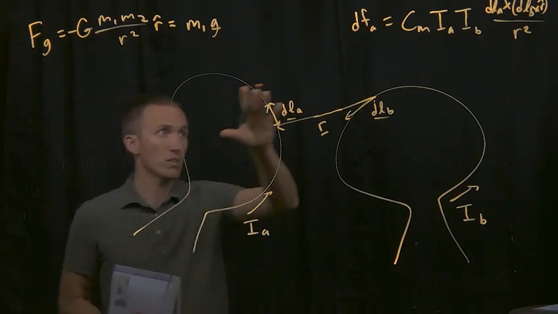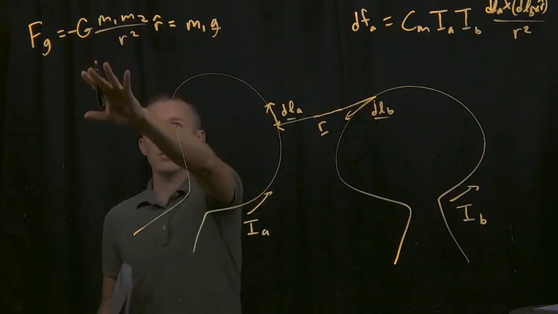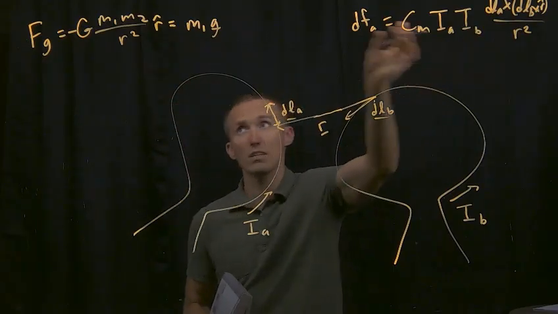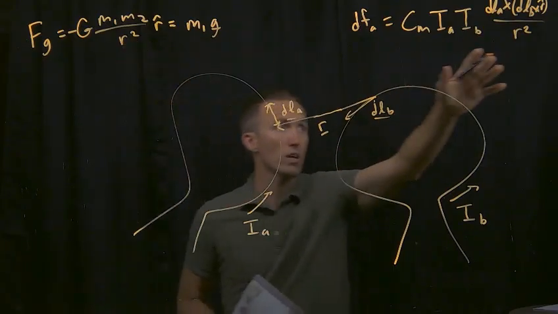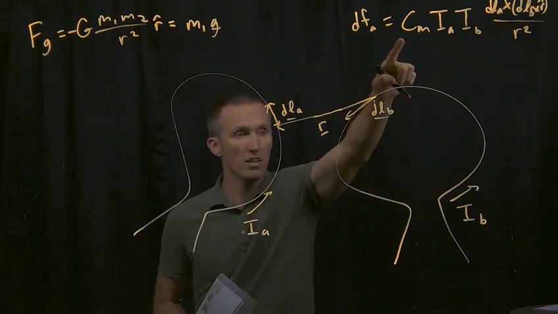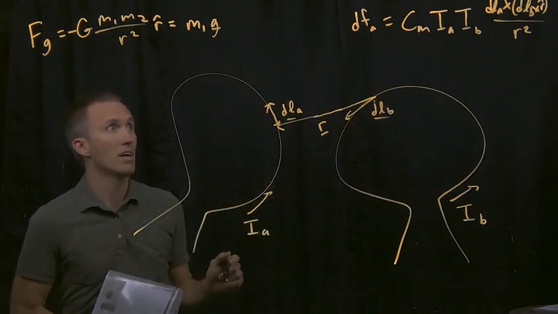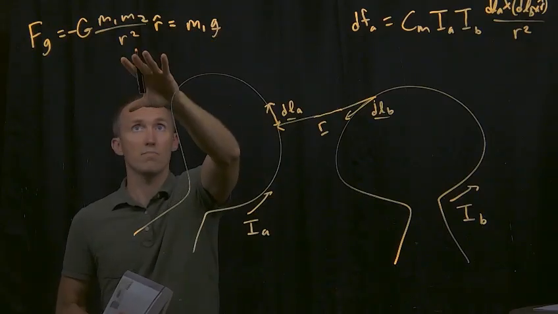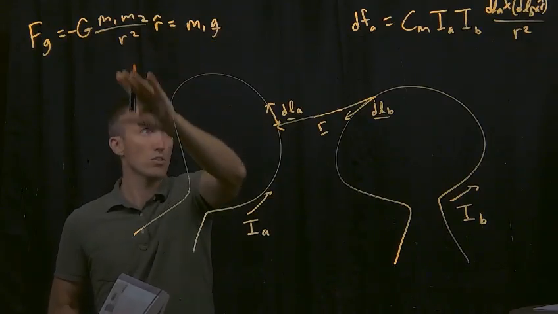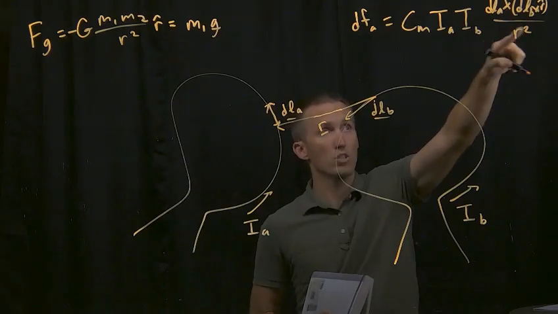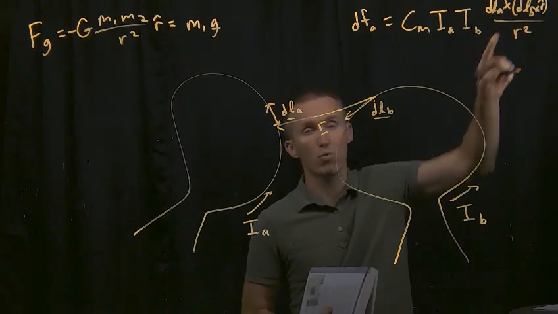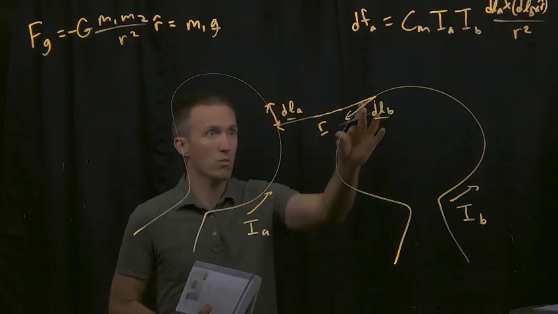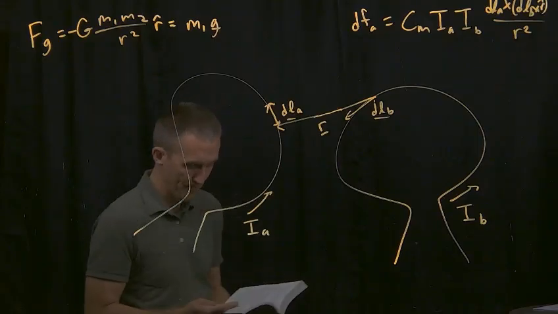So hopefully you can see here, we've got our two currents, we've got our two masses, we've got r squared, we've got r squared, we've got our constant. And then instead of just r hat over r squared, we now have something which involves r hat over r squared, but it's more complicated than that. And it has to do with these little wire increments here.